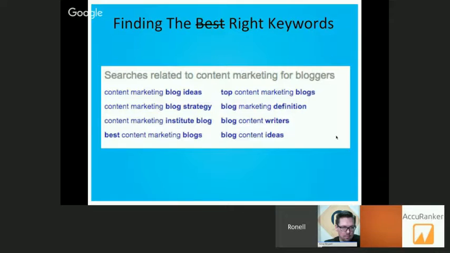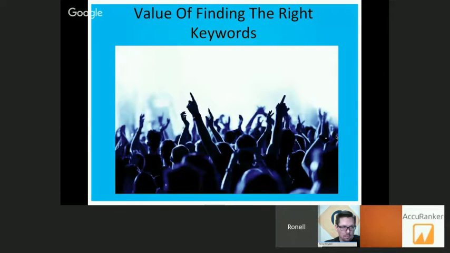So if I'm producing content marketing for bloggers, maybe it's blog ideas or blog strategy or blog content ideas. So thinking beyond just the content. And I think it goes to thinking about content that can help us form a connection, that can help us create an audience that can help us move to community. I ultimately think that's where we have to go, and that's what I'm going to talk about.